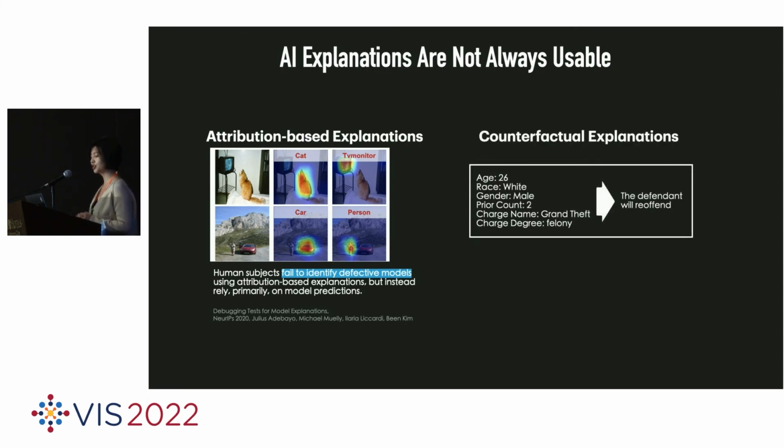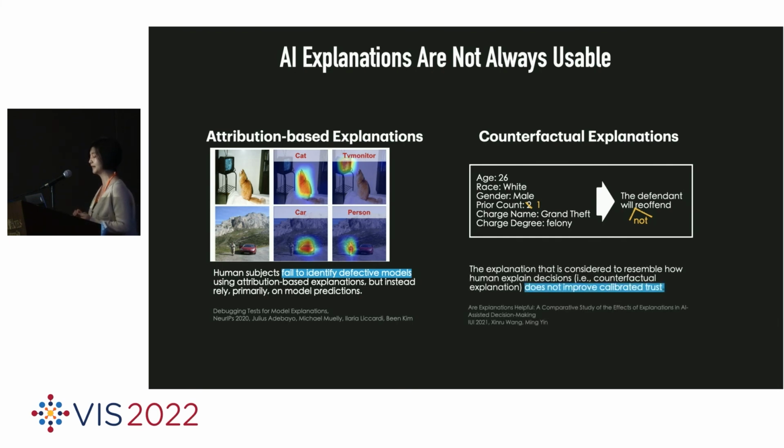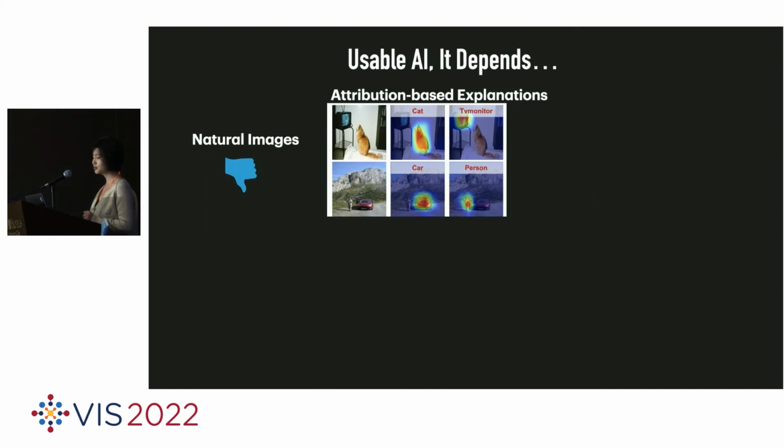Counterfactual explanations describe which input change will lead to opposite model predictions. Even though this explanation is considered to resemble how humans make decisions, it does not improve calibrated trust compared with other explanations.